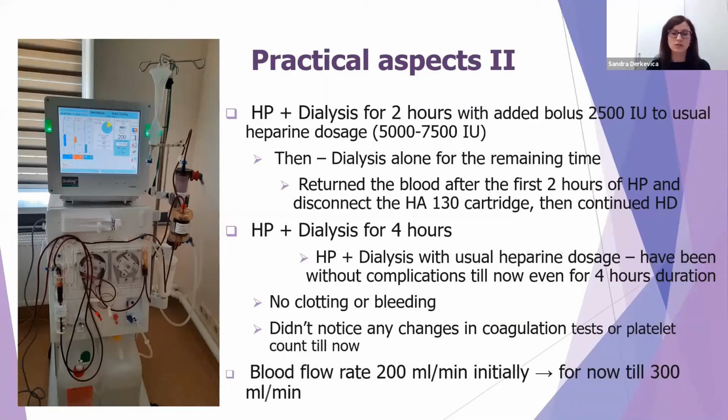Blood flow rate initially was 200 milliliter per minute. For now, we have increased it to 300 and even more due to routine patients' blood flow rate during hemodialysis.